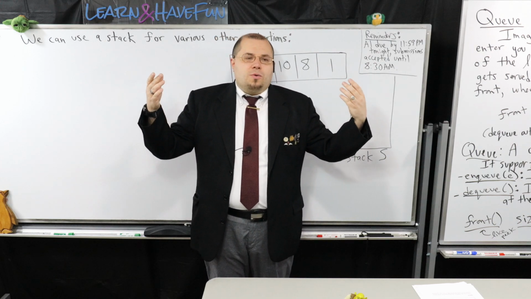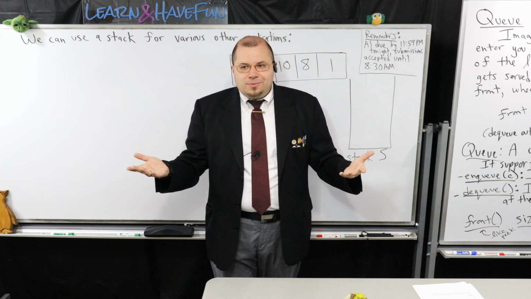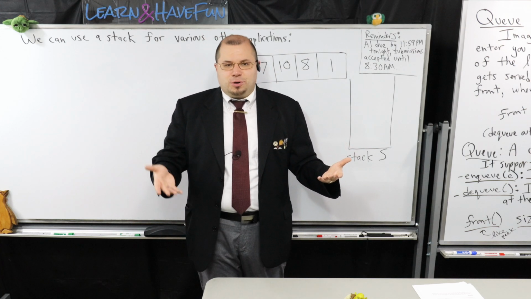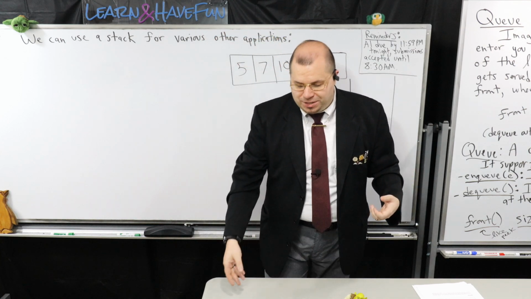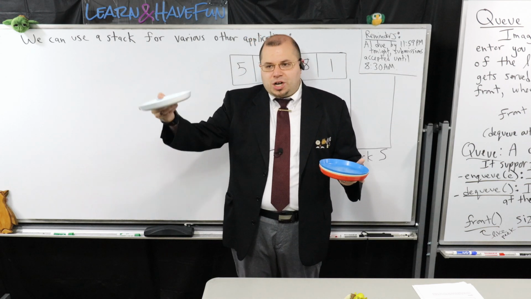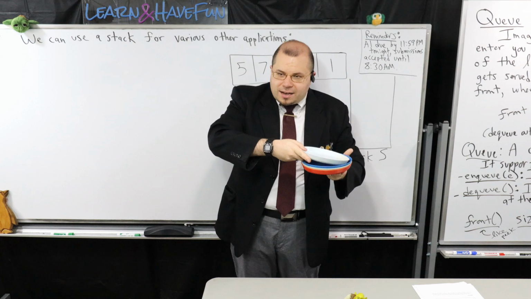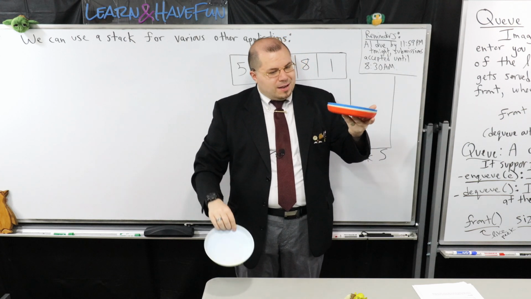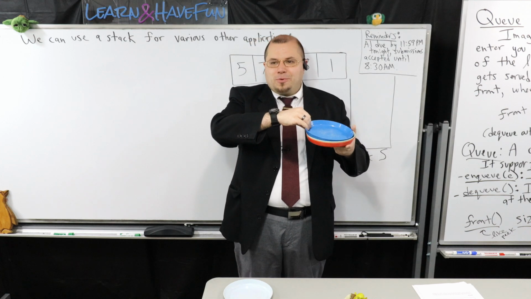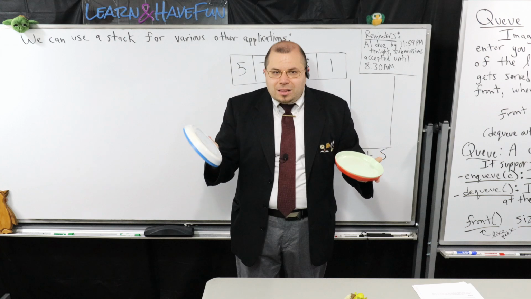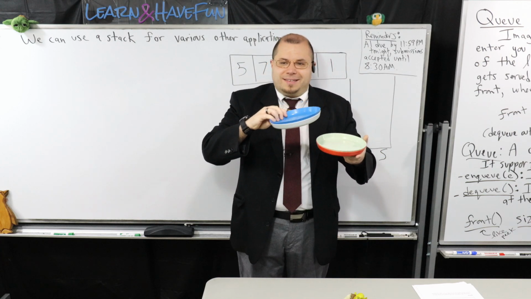When I talked about the stack, we had prescribed insertion and removal rules as per push and pop operations, just like a stack of plates. If I do a push operation, it goes onto the top of the stack. If I do a pop operation, it comes off the top of the stack. Likewise, if I did another pop operation, the blue plates come off. You can think of these as representing the elements in the stack.